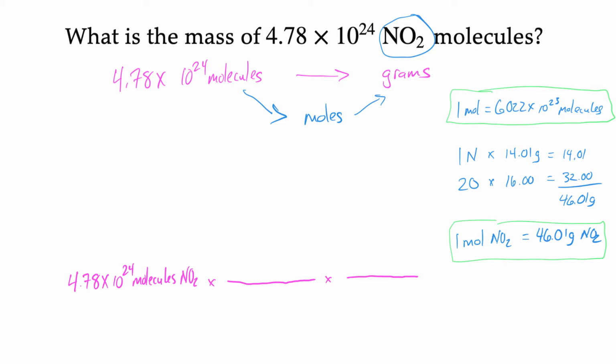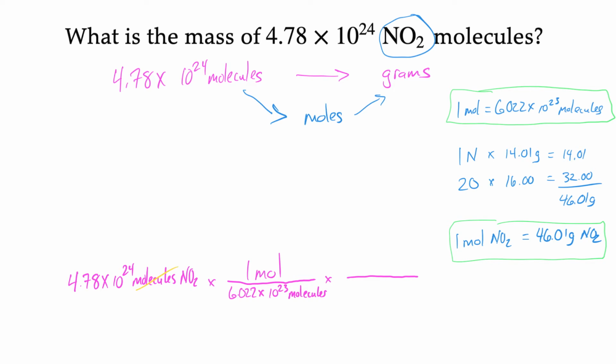And so I'm going to use Avogadro's number in the first one, 6.022 times 10 to the 23rd molecules in the denominator and 1 mole in the numerator.